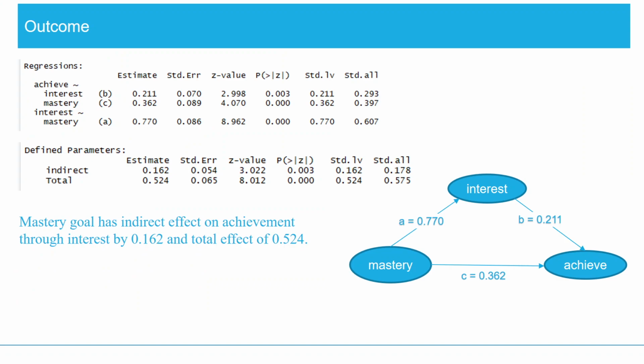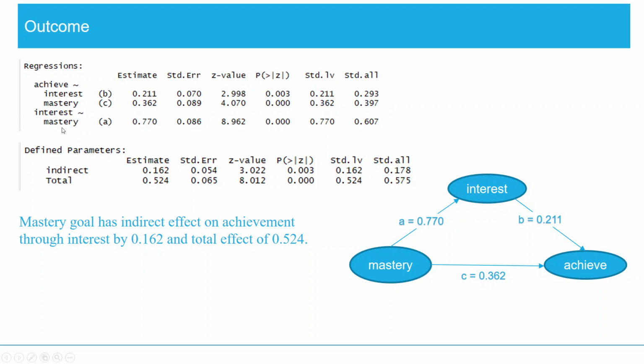If you look at the output, interest has a direct effect, B, of 0.211 on achievement, and this is significant. Similarly, mastery has a direct effect on achievement, that is the C path, of 0.362, and that is also significant. P value is less than 0.05.